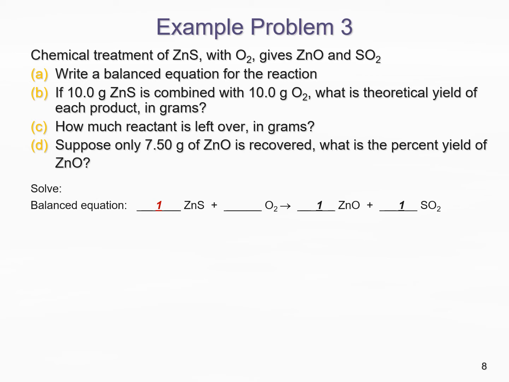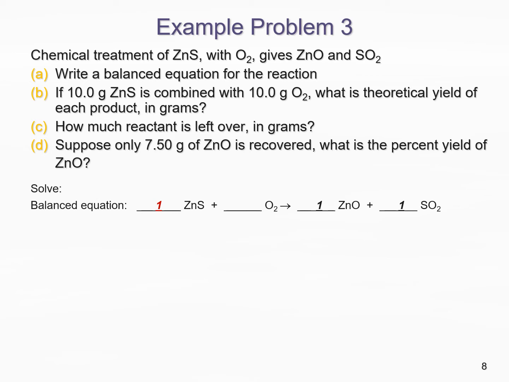According to our inspection method, I'm going to choose zinc sulfide as the most complex formula because it has 2 elements that show up only once on either side of the equation. Zinc shows up once in zinc sulfide as a reactant, and once in zinc oxide as a product.